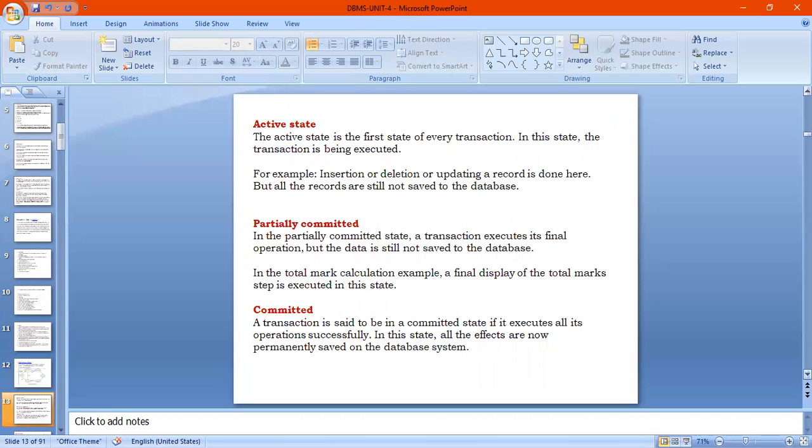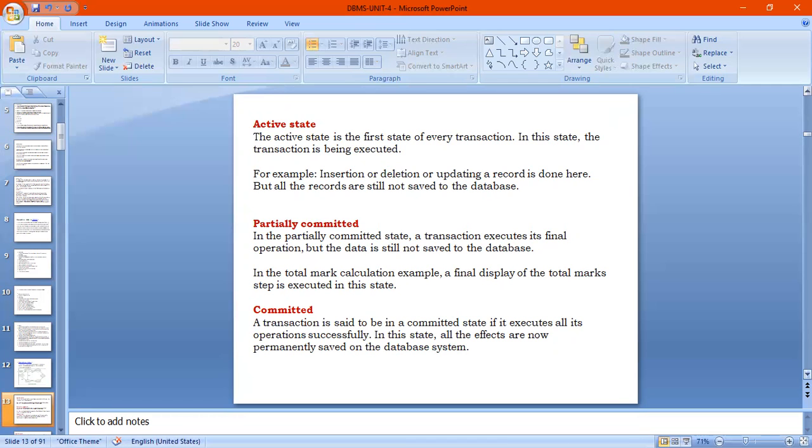Now let's explain what each and every state does and why it is needed. The active state is the first state of every transaction. In this state, the transaction is being executed. For example, inserting, deleting or updating a record is done here, but all the records are still not saved in the database.